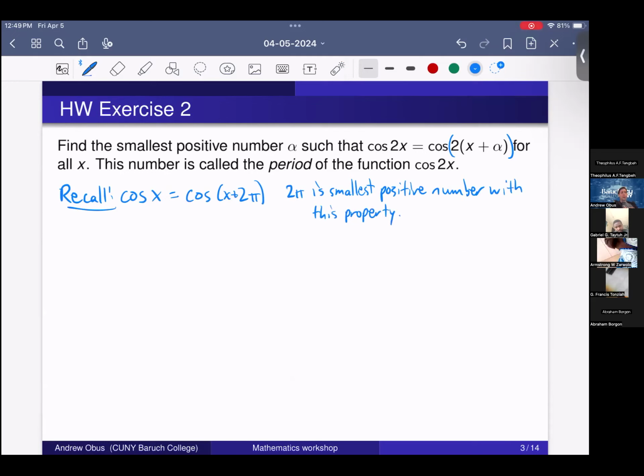And sometimes this is called the period, right? So 2 pi is the period of cosine x. So what this question is asking you is, what is the period of the function cosine of 2x? So what's the smallest positive number alpha that you can plug in here that makes this identity correct?